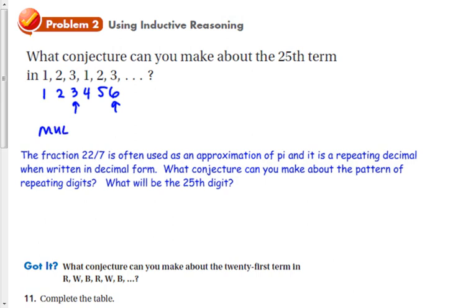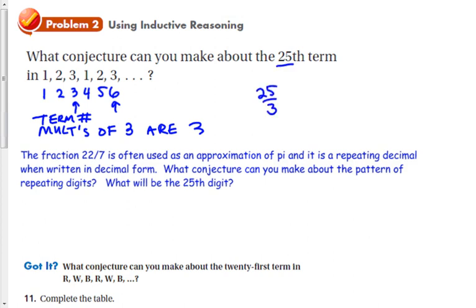So I'm just going to write that down, and then I'm going to use that. So multiples of 3 are 3. What I mean by that is the term number. Multiples of 3 are 3. And so let's look at the 25th term here.